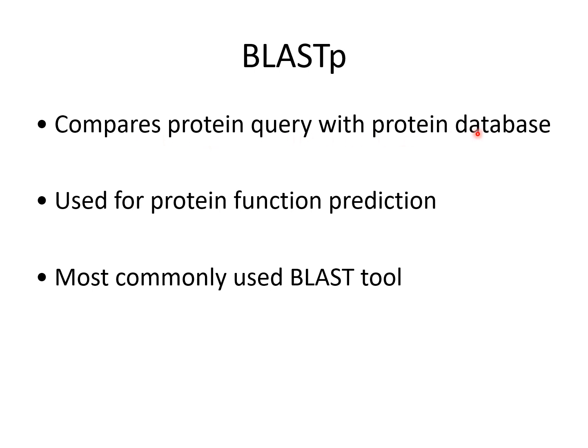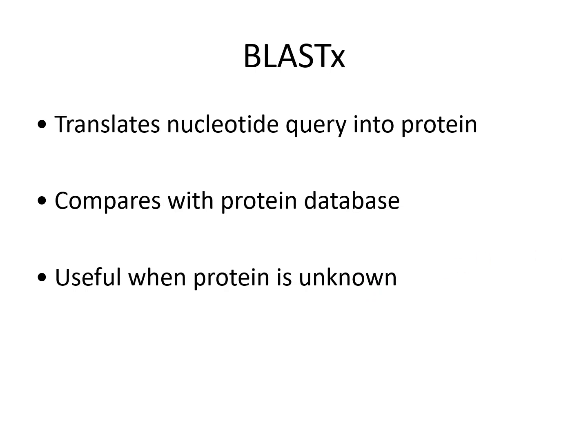We generally use BLASTP for protein function prediction because it is done with the protein query sequence. BLASTP is the most commonly used BLAST tool. It is a very important point that BLASTP is the most commonly used tool among all types of BLAST. Now we will move to the next slide, which is BLASTX.